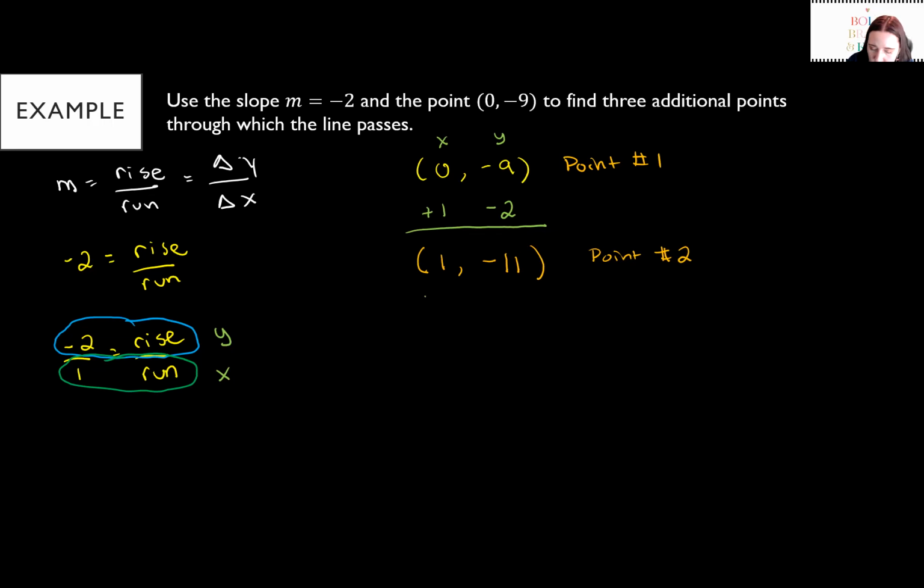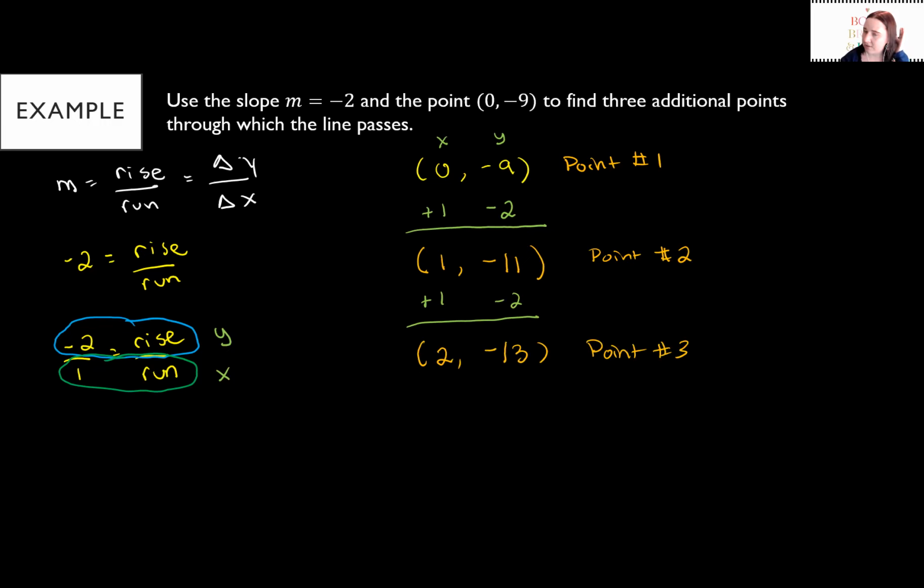So I add 1 to the X, I subtract 2 from Y, and I'll just stick with the same color. 1 plus 1 is 2, -11 minus 2 is -13, and now we have another point, point number 3.